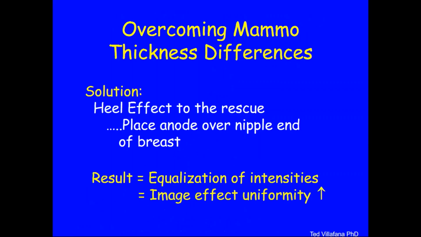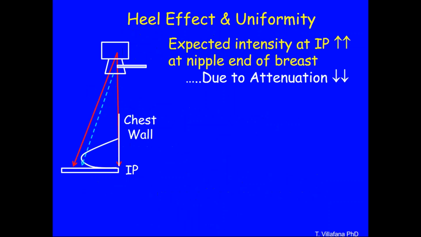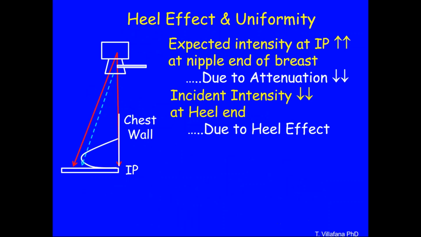Okay? The solution is the heel effect. The anode end has a low intensity. That low intensity matches the low attenuation at that end of the beam. This is the way it would graphically look like. The incident intensity is very low over here because of the heel effect, but that matches the fact that there's very little intensity.